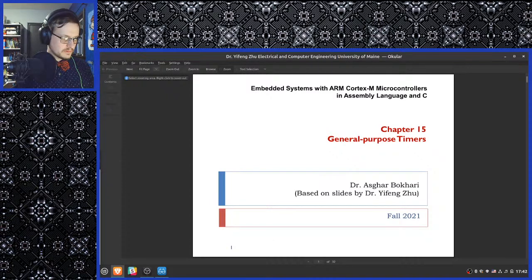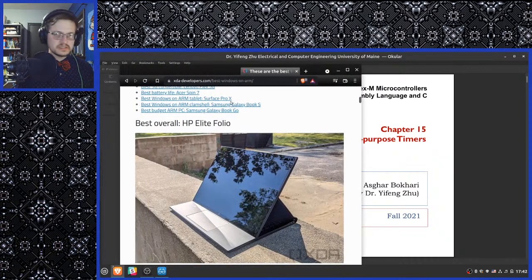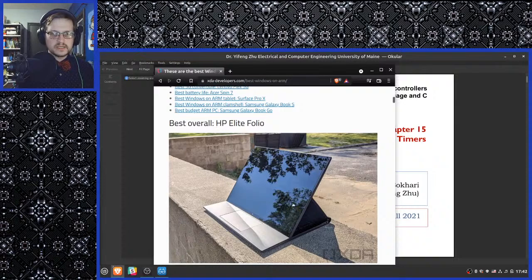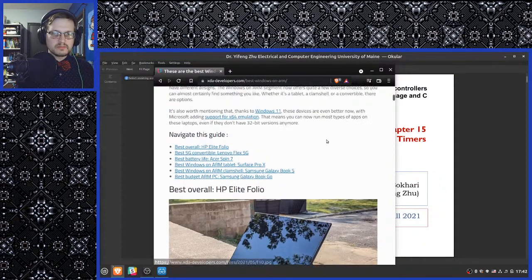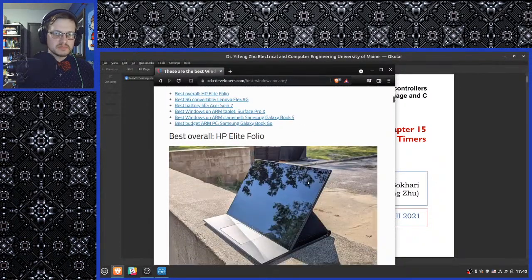Laptop ARM processor. Yeah, okay. So, like, there's some dealios like this. Generally, the more tablet-y looking ones, sometimes.